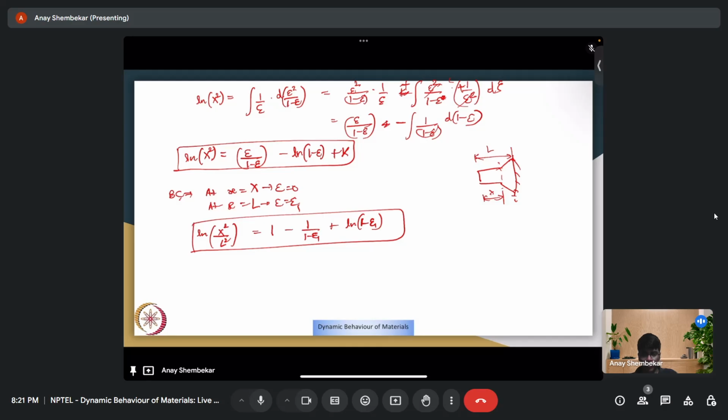But we already know that rho u square by sigma yd will be epsilon square upon 1 minus epsilon 1. So which means we can write L1 by L and x by L as functions of strain epsilon 1, which in turn can be written as a function of rho u square by sigma yd.